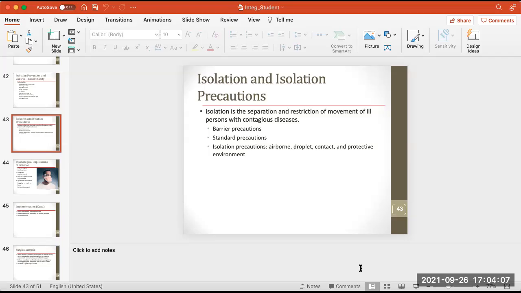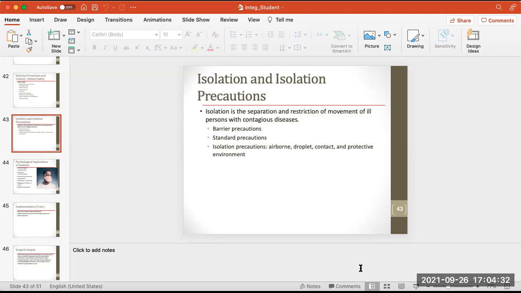You don't breathe them in, but airborne or droplet is something you breathe in. Droplets are bigger drops that a person can cough or sneeze up to 6 feet away. Airborne is like tuberculosis infection, where patients will usually be in a negative pressure room. At this stage, we are not going into airborne precaution rooms.